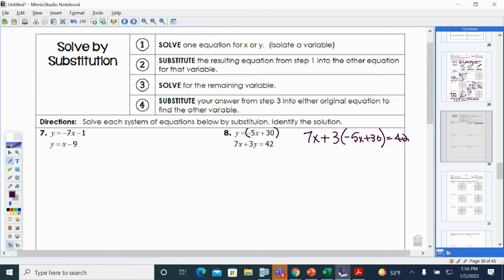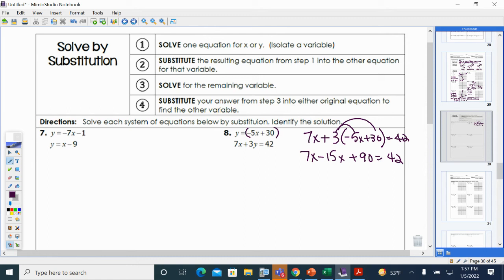So step number 3 says to solve the remaining. Distribute. So we got 7x plus, actually that's going to be minus, because 3 times -5x is -15. So minus 15x plus 90 equals 42.